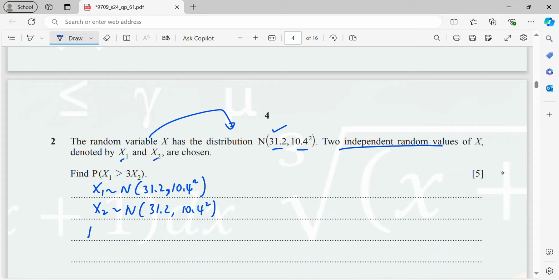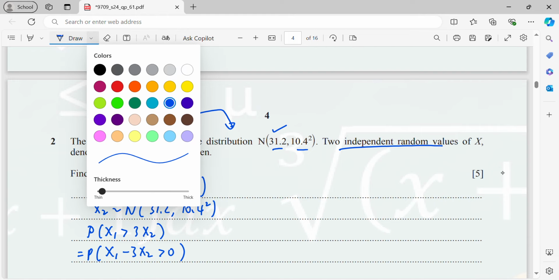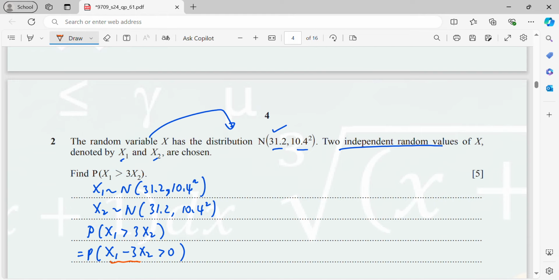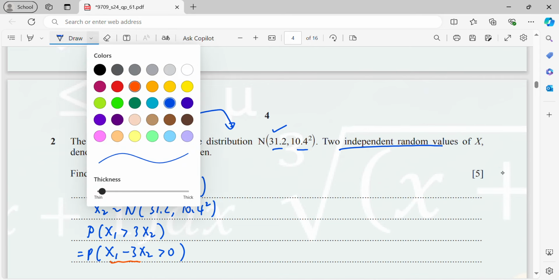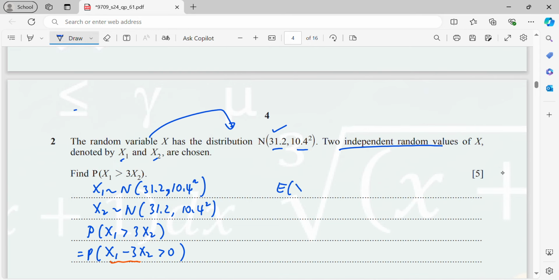Now you need to calculate P(X1 greater than 3X2). That is the same as P(X1 minus 3X2 greater than 0). Which means I need to get the distribution for X1 minus 3X2. So the expected value, which is the mean for X1 minus 3X2, is E(X1) minus 3E(X2).